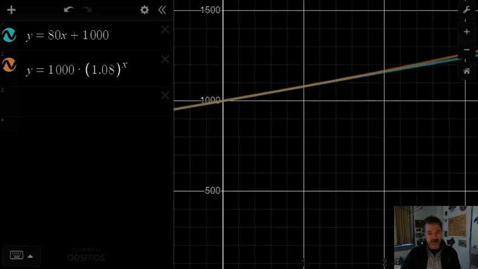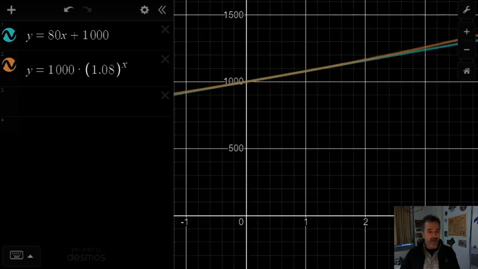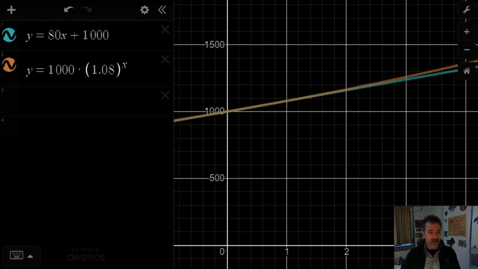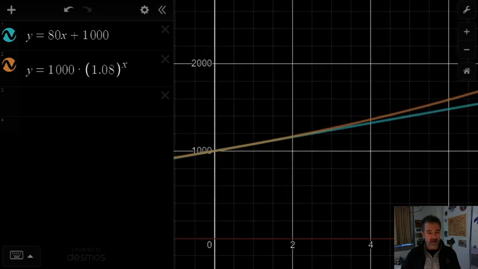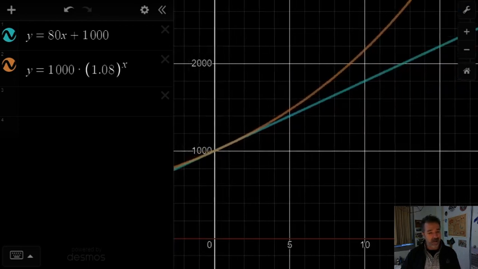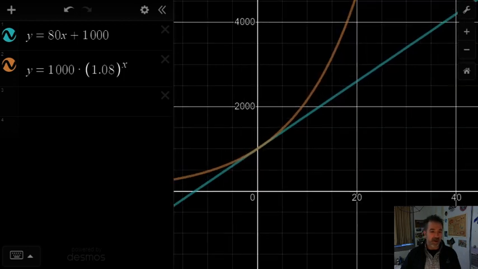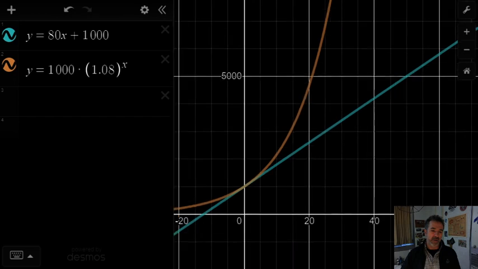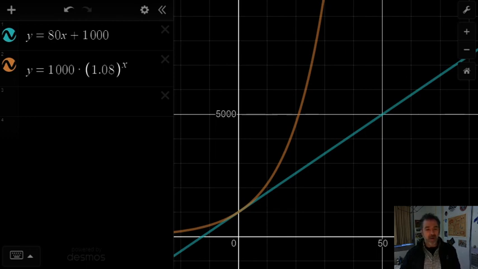And if we look at this situation over time, it becomes more apparent that the longer the time goes by, the account that's earning compound interest is going to be worth more. And in fact, if I zoom out at scale here, it's just not even fair.